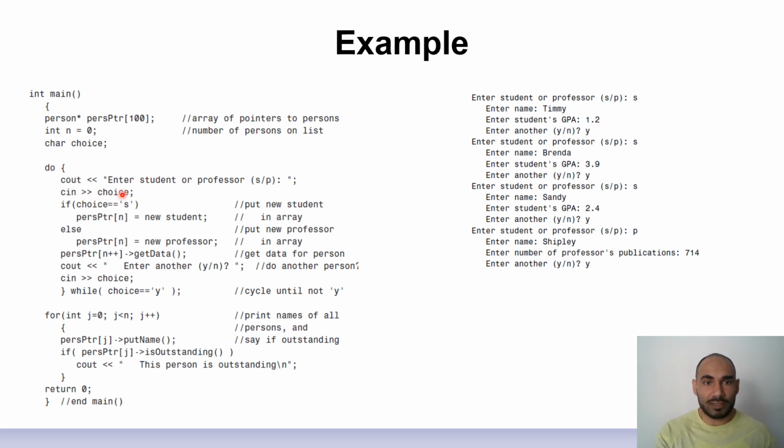Then we use the person pointer, and n is initially 0, so we are referring to the first pointer. We create a new student if the choice is S, else if the choice is P, we create a new professor, and this is happening at runtime.